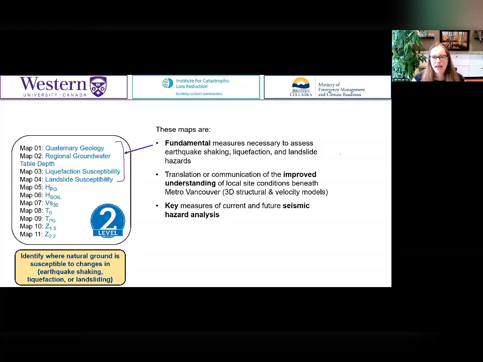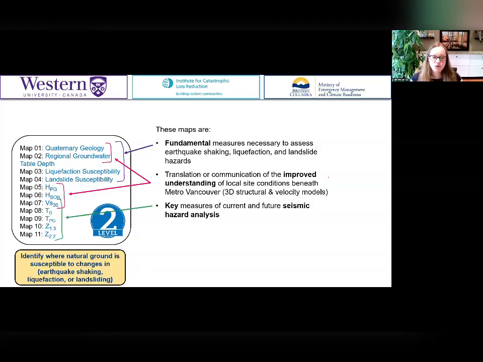So a quick summary again is that we've made these maps because some of them were needed to make other maps. They're fundamental to assessing liquefaction or landslide hazards. You have to know the geology. We also made maps that try to communicate our improved understanding of the local site conditions. There was a depth to rock map available before, but it wasn't for the region as we have it now, and it wasn't based on as much information as it is now.